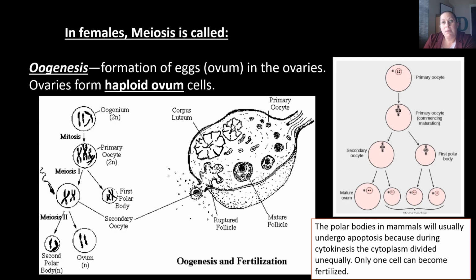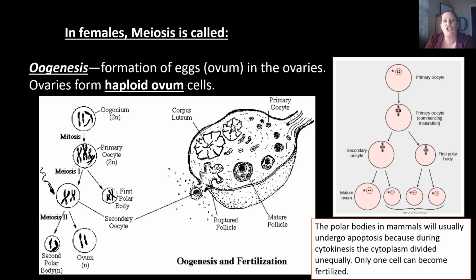In females, however, the process is a little bit different. This is known as oogenesis, the formation of the egg or ovum. It's in the ovaries. However, women are born with the amount of eggs they're going to have. All the eggs they have are already part of this process of meiosis. They're actually suspended in meiosis, getting ready to divide.